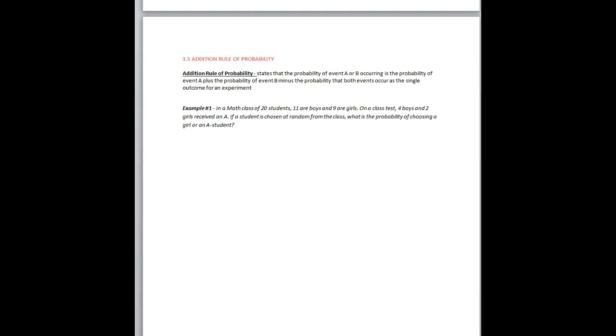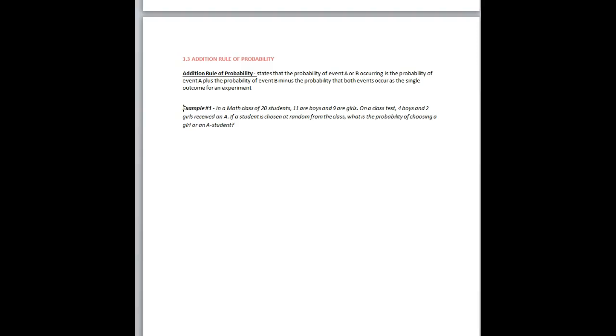The addition rule of probability states that the probability of event A or B occurring is the probability of event A plus the probability of event B minus the probability that both events occur as the single outcome of an experiment. That's going to become more clear.